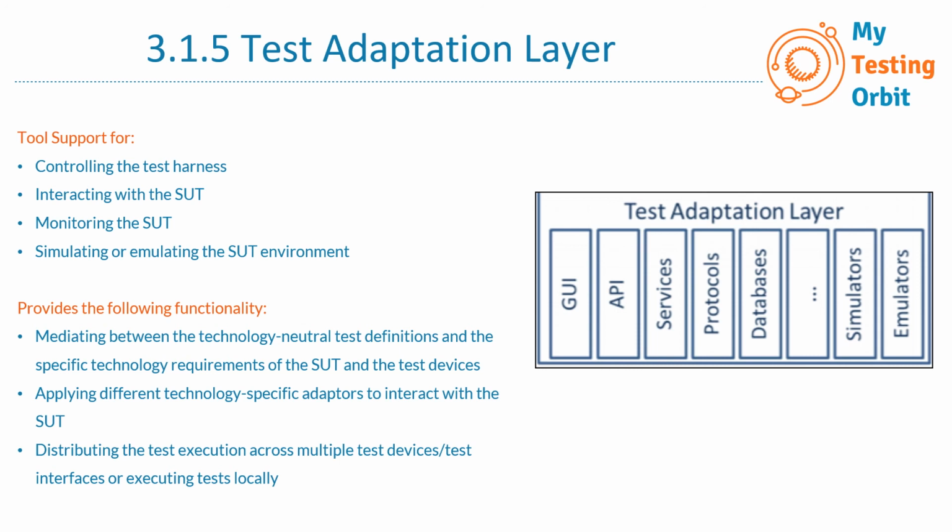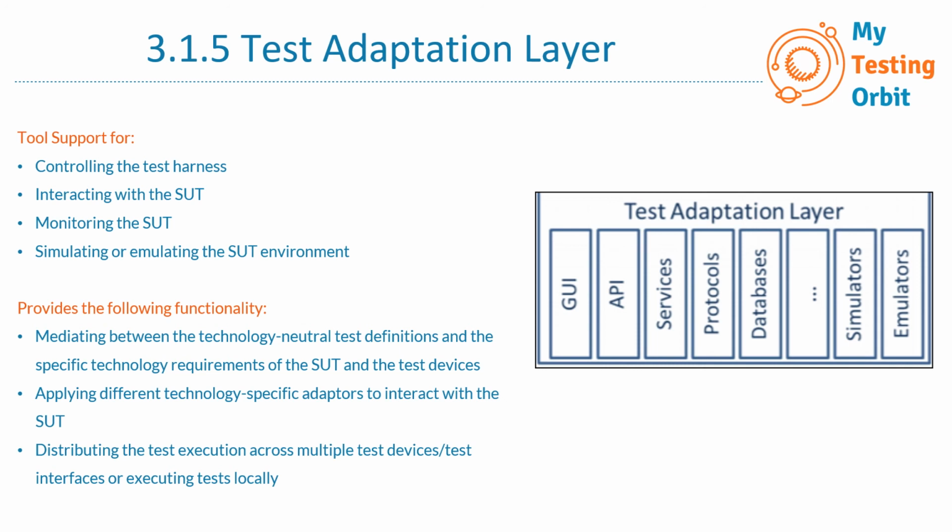If we are testing mobiles, then maybe different mobile devices with different operating systems. The same goes for web browsers, etc. So the test adaptation layer provides the functionality of distributing the test execution either across multiple devices or executing tests locally, because many times we can just run the test on our local environment as well.